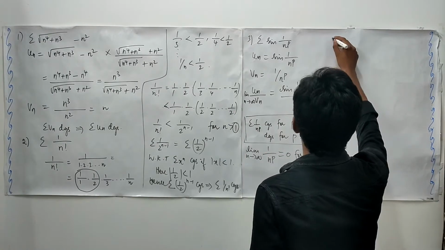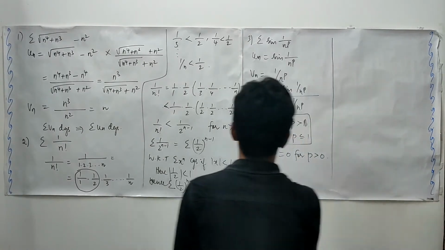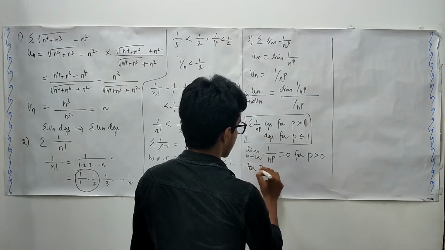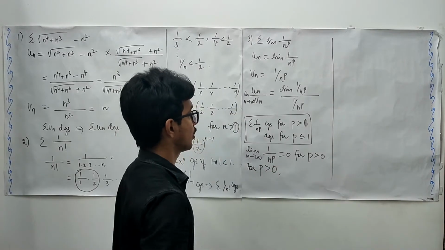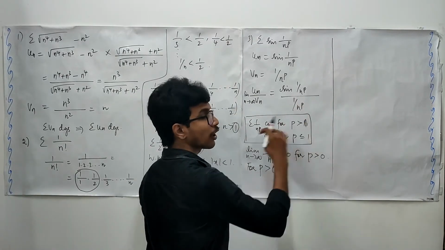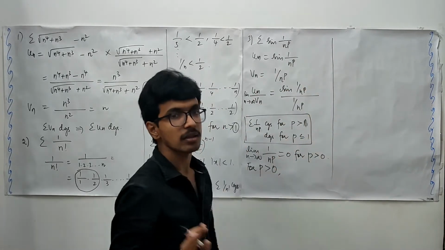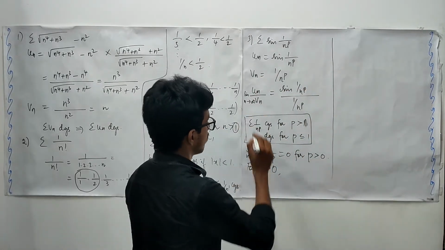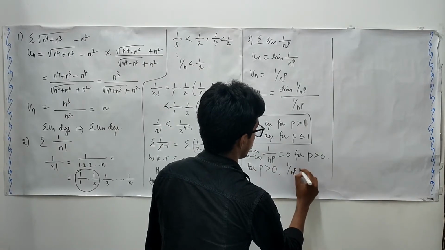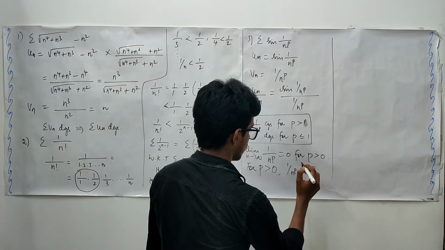Okay, fine. So for p bigger than 0, this quantity is going to approach 0 and in the numerator sine of something approaching 0.